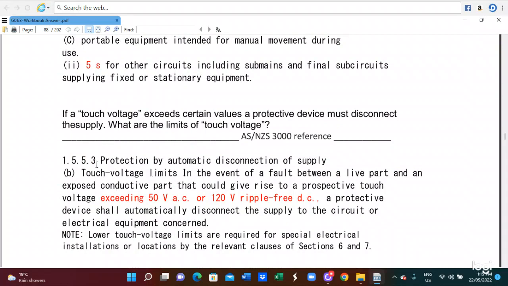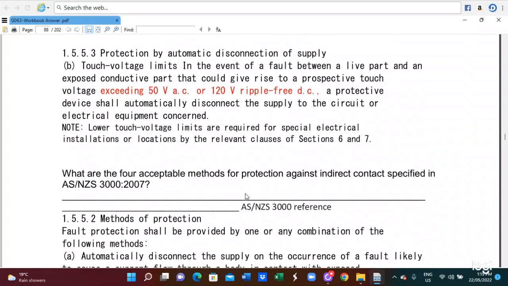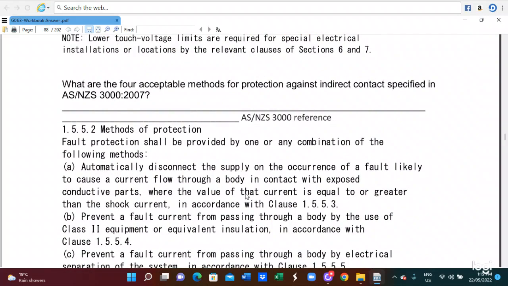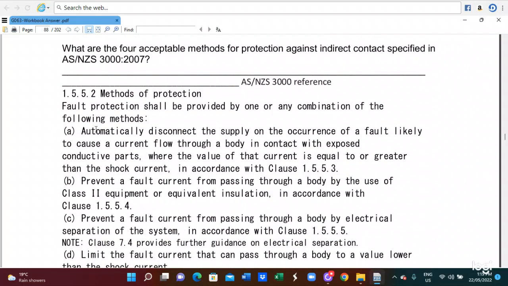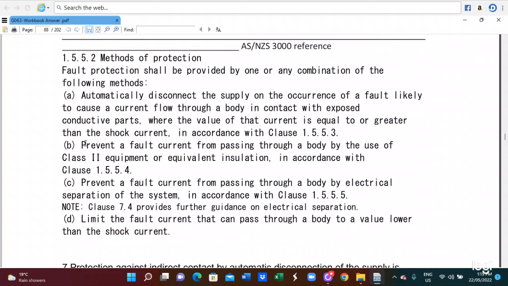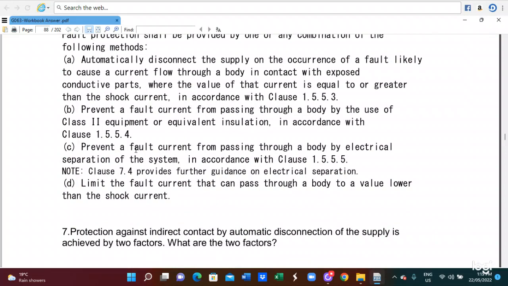So across clause 1.5.5.3, it is 50 volt AC or 120 volt DC. Remember, DC. What are the 4 acceptable methods of protection against indirect contact specified in AS 3000, 2007? This is clause 1.5.5.2, a method of protection. The automatic disconnection of supply prevents the fault current from passing through the body, or limits the fault current by electrical separation.